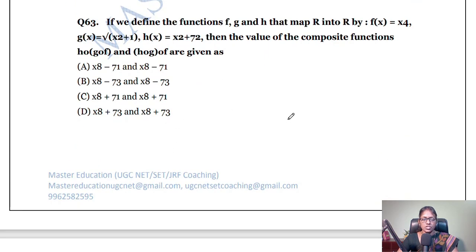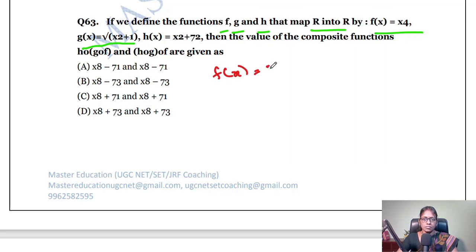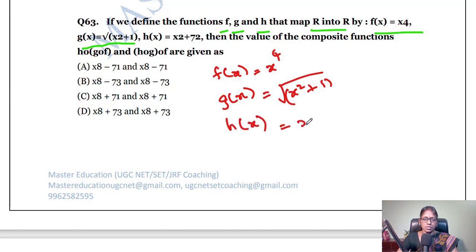The next question is, if we define the functions f, g and h that map R into R by f of x equal to x power 4, g of x equal to root of x square plus 1, and h of x equal to x square plus 72. Then find the value of the composite function h of g of f.